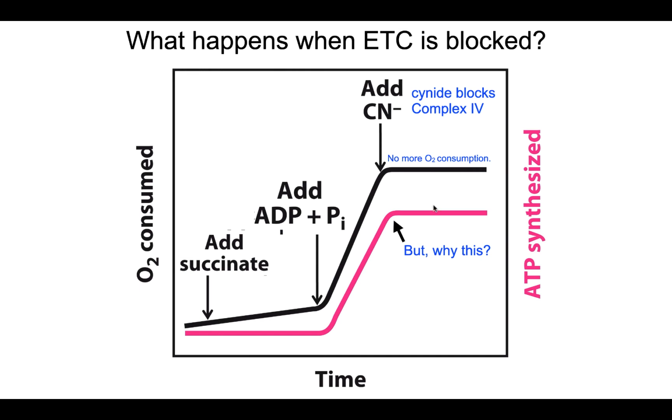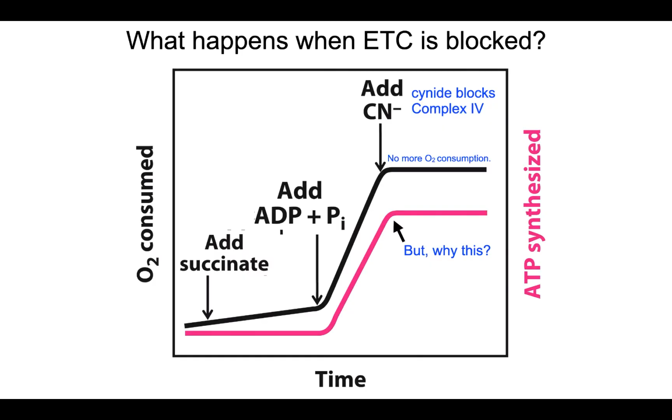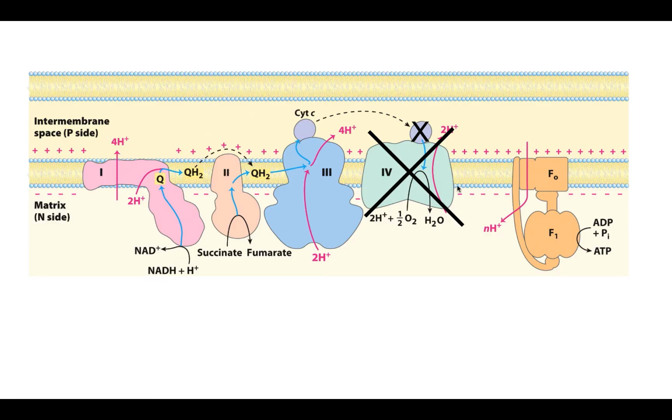But take a look at this. We haven't taken away ADP or inorganic phosphate. That is still there. We haven't taken away any of that, and yet we don't get any ATP made. So why is that the case? Well, if you block this complex 4 with cyanide, then that means we can no longer oxidize cytochrome C, which means we can no longer oxidize QH2, which means we can no longer oxidize succinate.